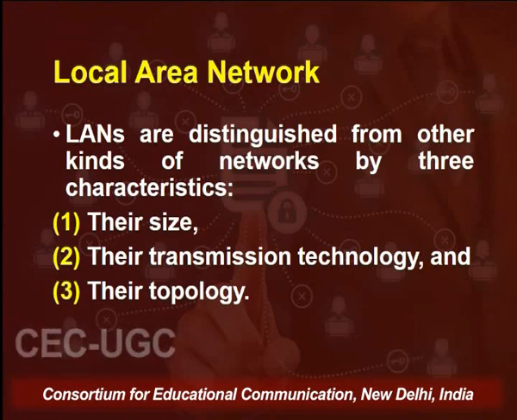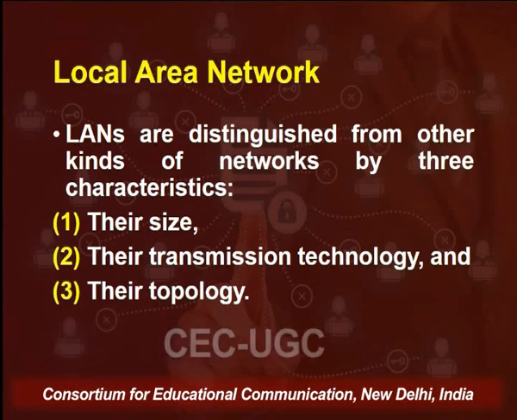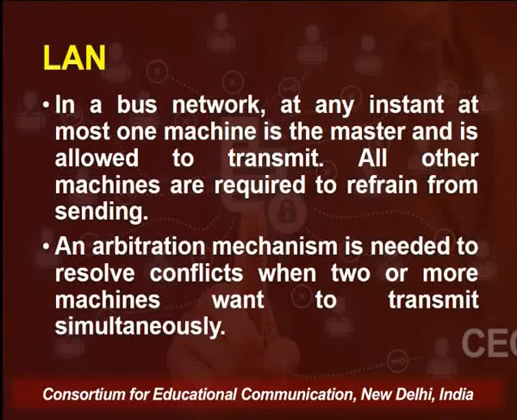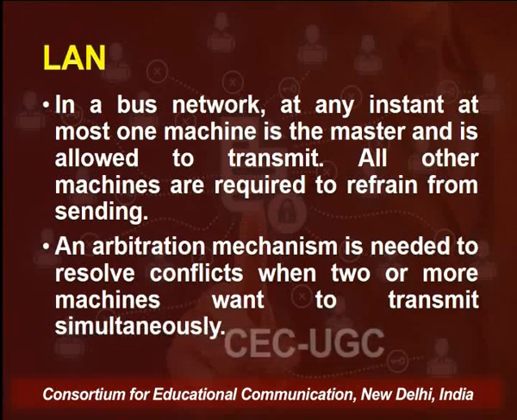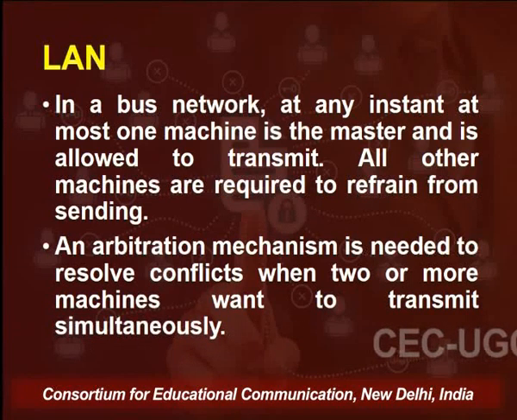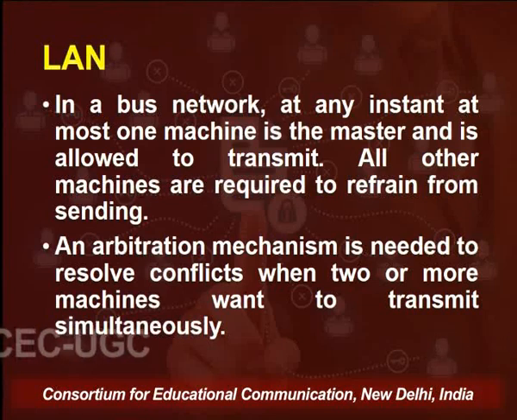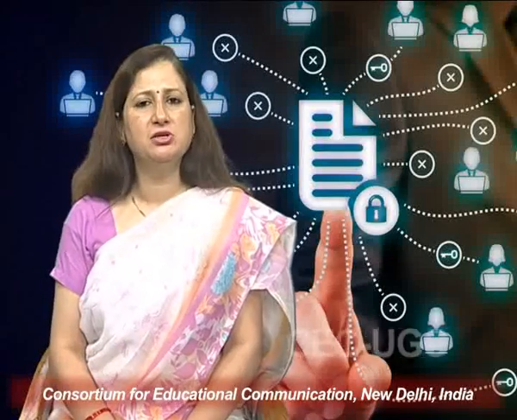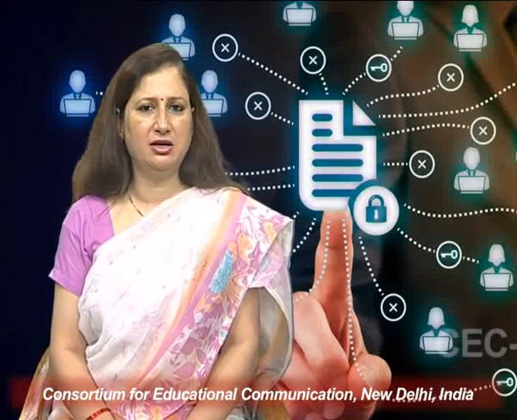A LAN is generally constructed using a bus topology, which allows one machine to become the master and transmit, while all the other machines refrain from sending any data. So at any given point in time, one machine will send the data and the other machines will receive the data, okay.